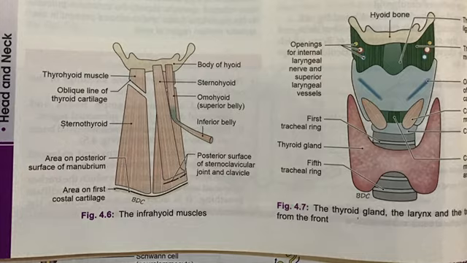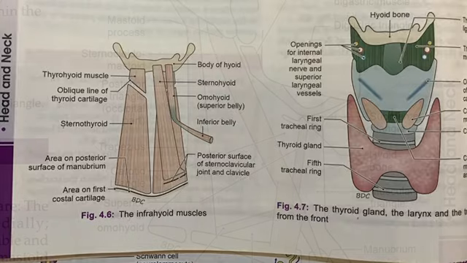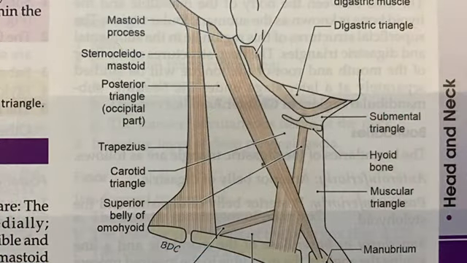So first is sternohyoid, then below that thyrohyoid and sternothyroid, then behind this you get the omohyoid muscle, superior belly and inferior belly. So again the triangles of the neck: anterior triangle and posterior triangle. Anterior has 4 triangles, and posterior has 2 triangles.